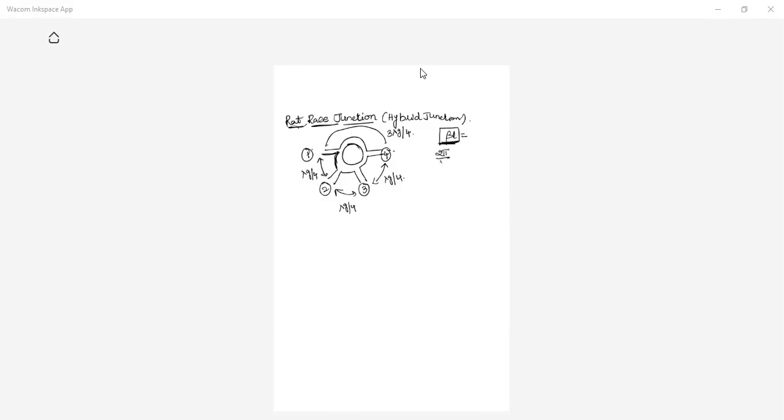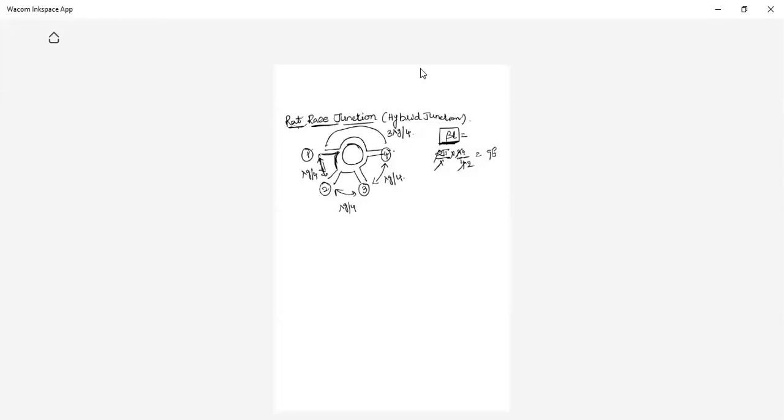It is 2 pi by lambda, and the distance here, if you are maintaining lambda g by 4, lambda g gets cancelled. So that means the phase shift you are going to get here is 90 degrees.